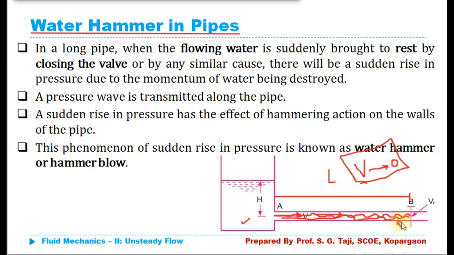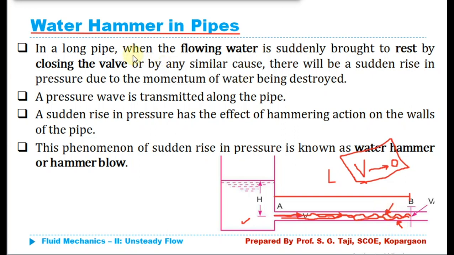Now those pressure waves may create a hammering effect or may create a noise at the pipe wall, and that's why this phenomenon is known as water hammer or hammer blow effect.